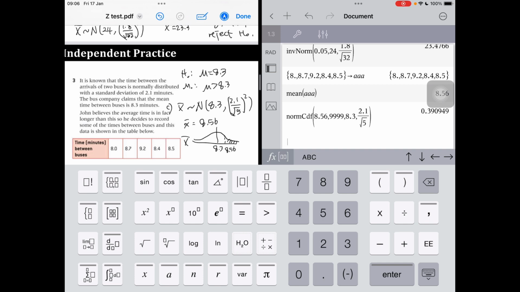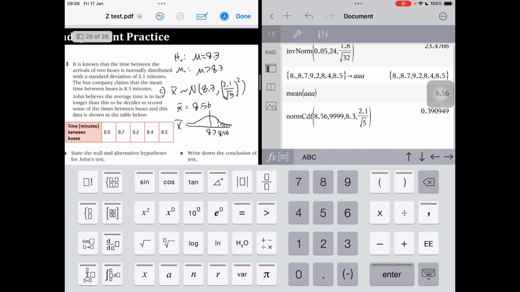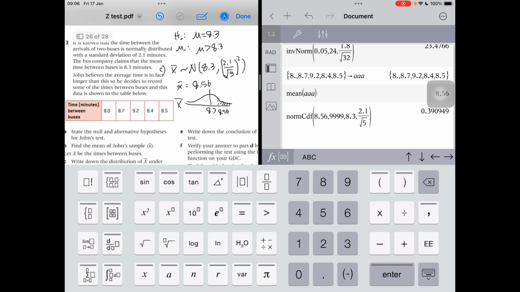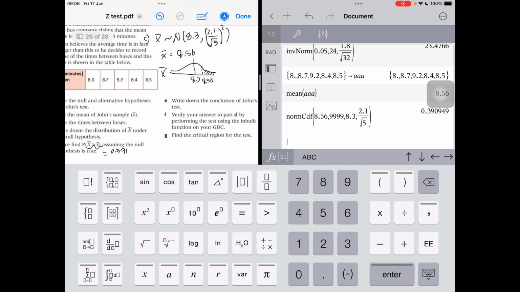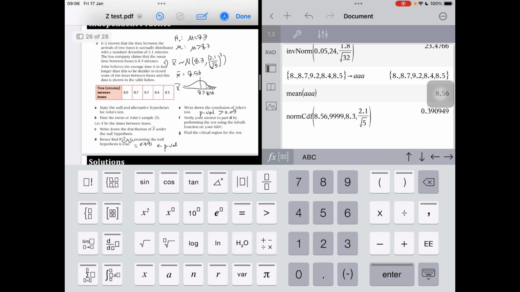Okay, so now we have 0.391, which is larger. So write down the conclusion of John's test. Just now we found the p-value, which is larger than 0.05.